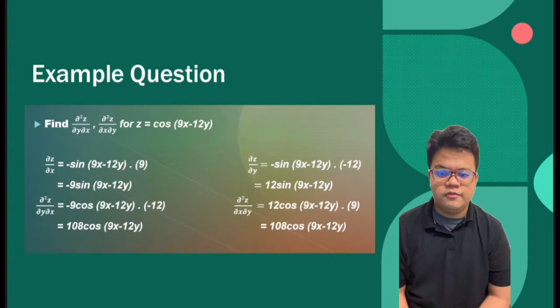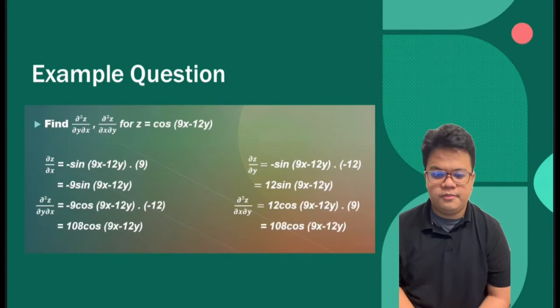Firstly, we do the first order, which is partial z over partial x equal to negative sin(9x minus 12y) dot 9. After that, we multiply 9 with sin, which equals negative 9 sin(9x minus 12y).